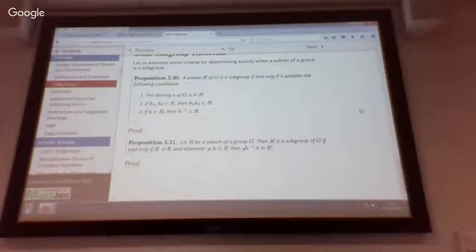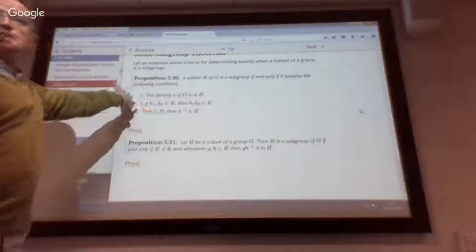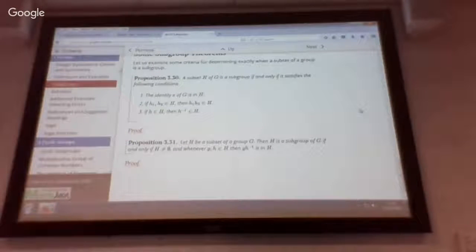So proposition 3.30 is more or less saying that definition. Subset H is a subgroup if and only if it satisfies these three conditions. These are three of the group axioms: existence of identity, number 1, closure, number 2, and existence of inverses, number 3. The one that's left out is associativity, because that's automatically true.